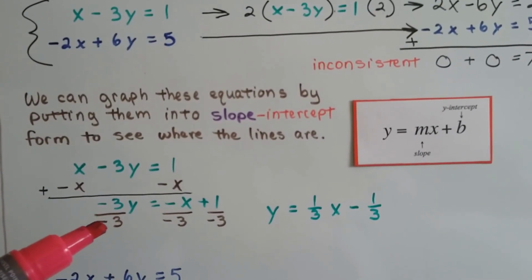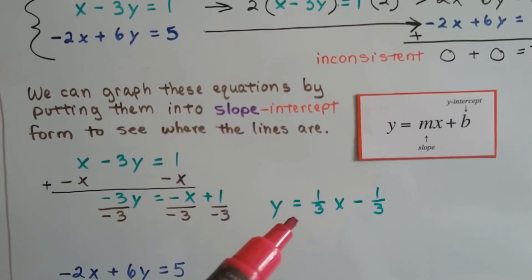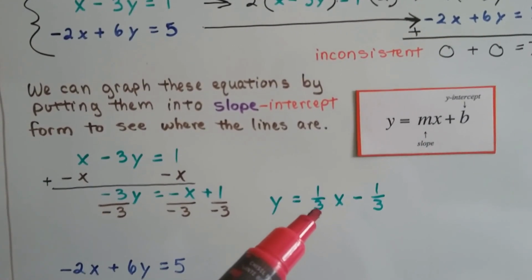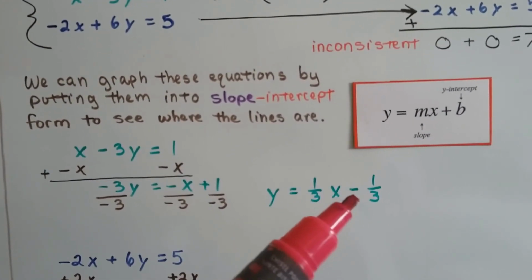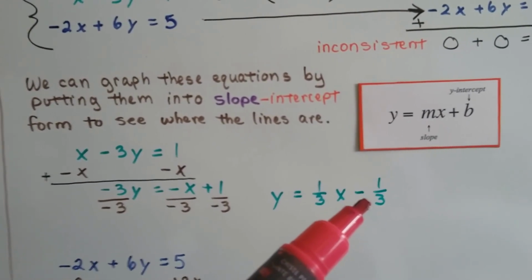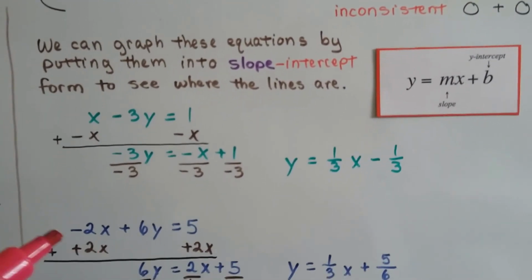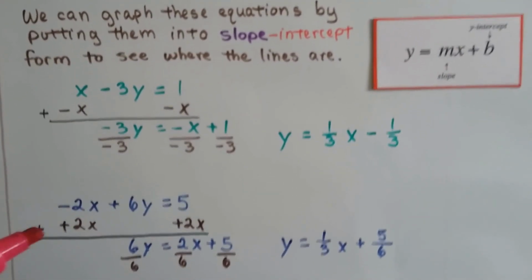Now we can divide each term by this negative 3, and we get it into slope-intercept form. So we know the slope is a rise of 1 and a run of 3, and it hits the y-axis at negative 1/3.